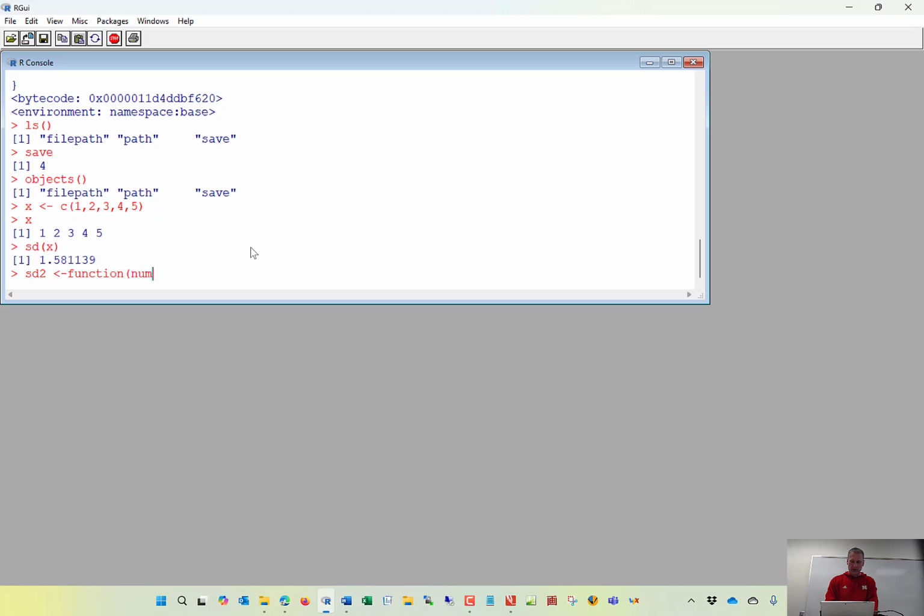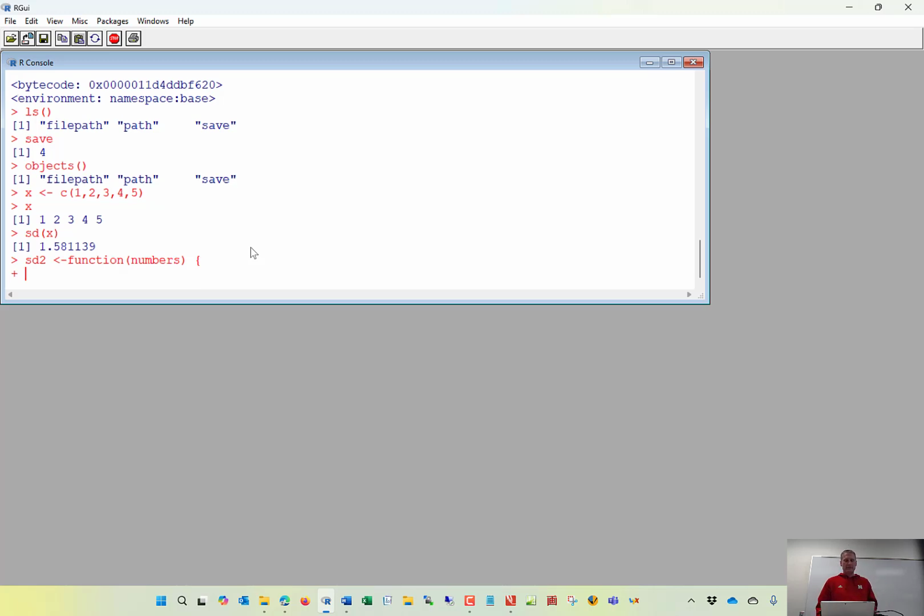How about I just call this numbers? Okay. So I say SD2 gets the results from function, where a particular component of this function is something called numbers. Then I use a left curly brace to say, hey, I'm going to now start the body of the function. I hit enter, and what's returned is simply a plus sign, because R says, hey, you need more information. So it's asking for more information.